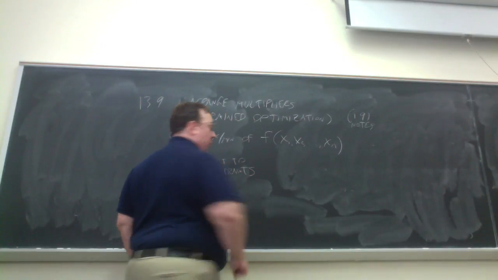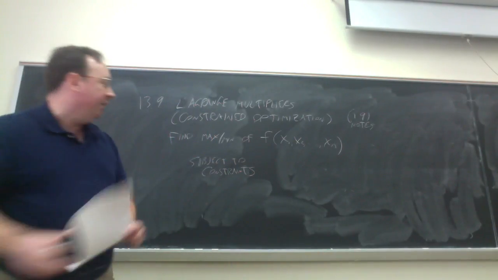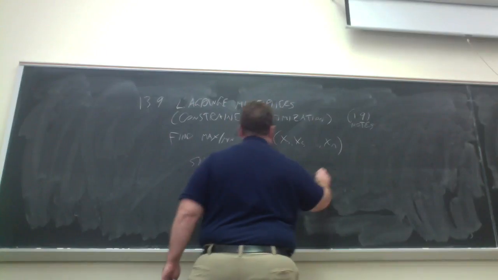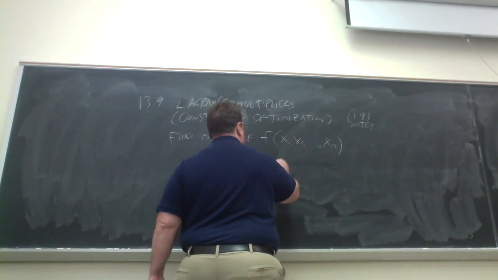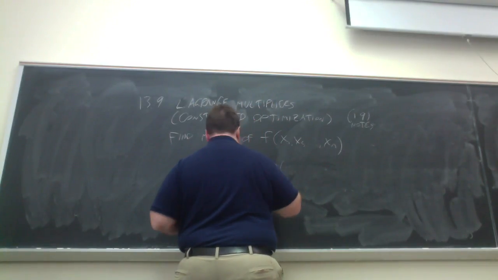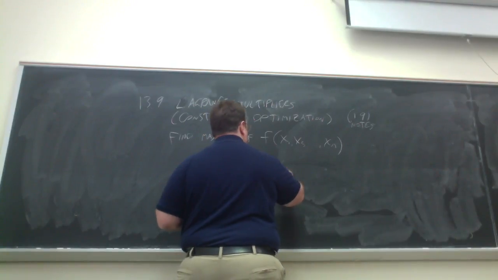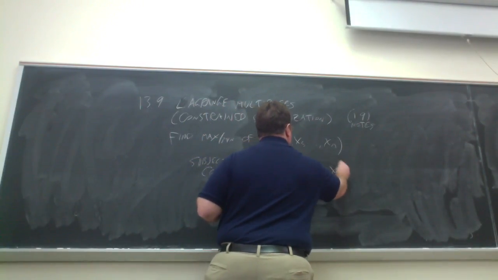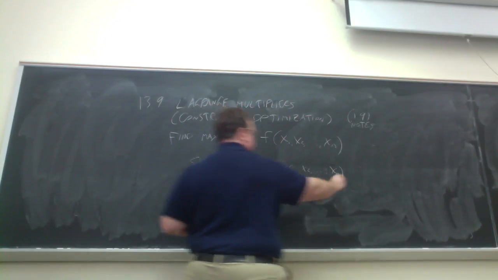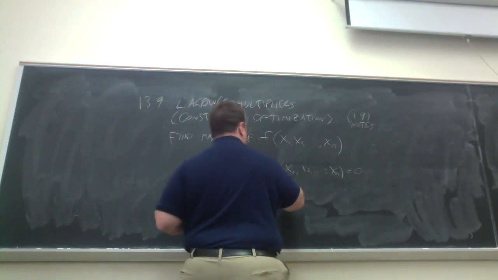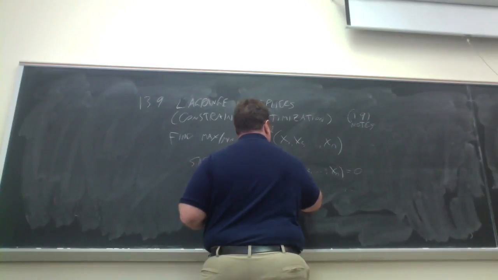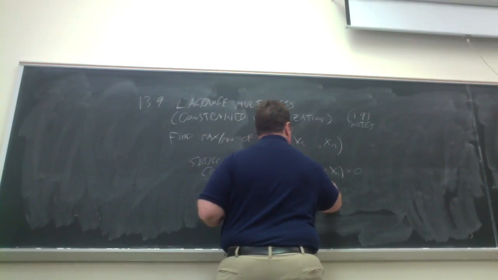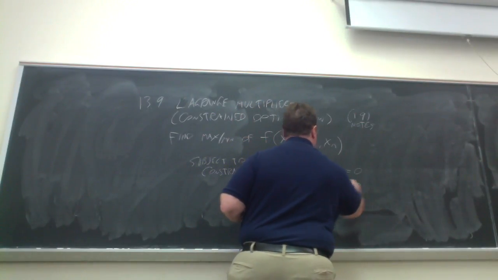So we're going to have one or more constraints on these independent variables. The constraints are just equations. So we have some functions like g1 of the same variables must be equal to 0, g2, and so forth.